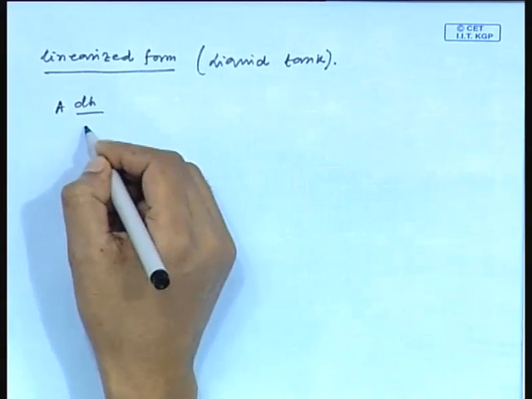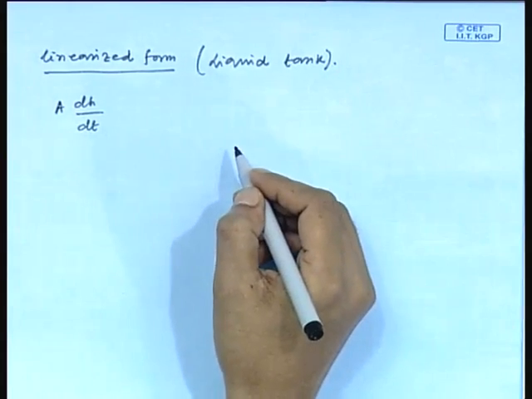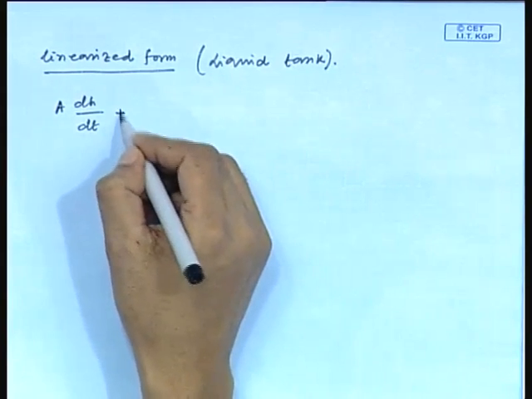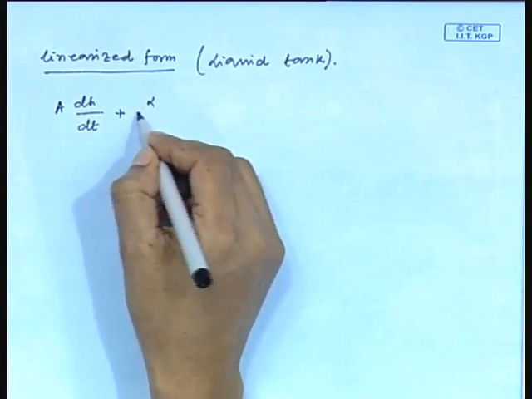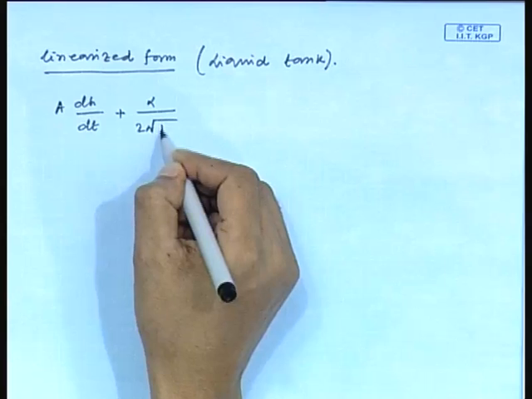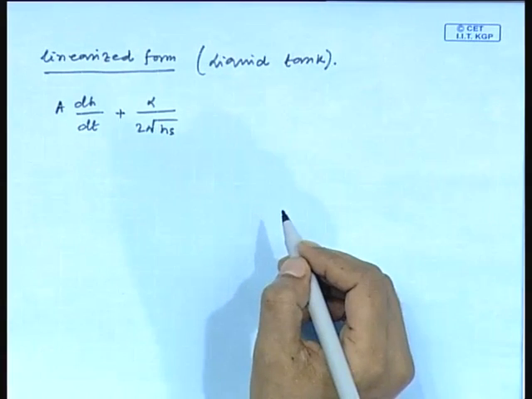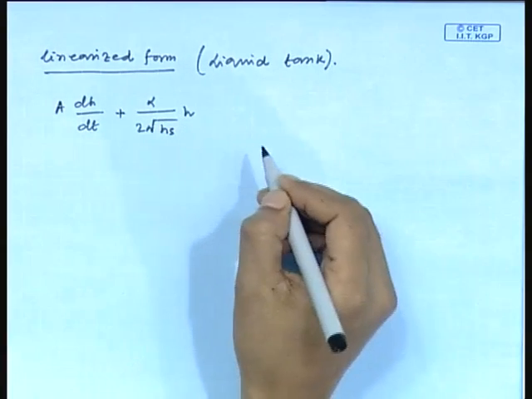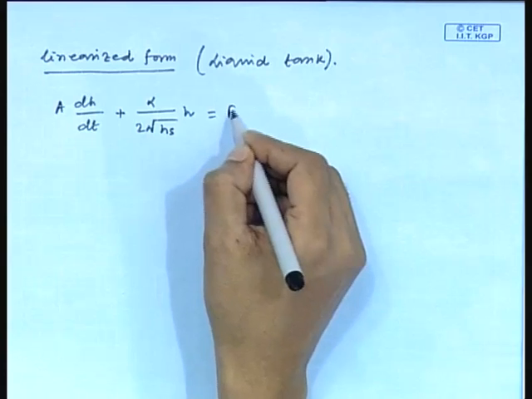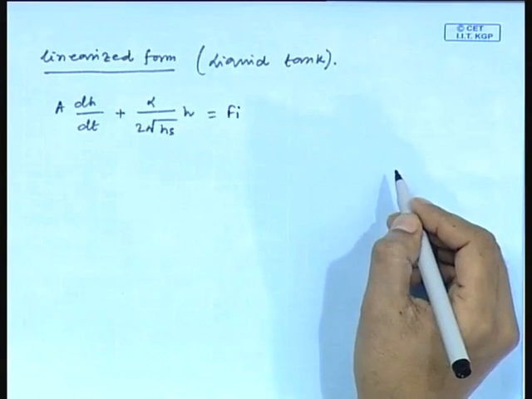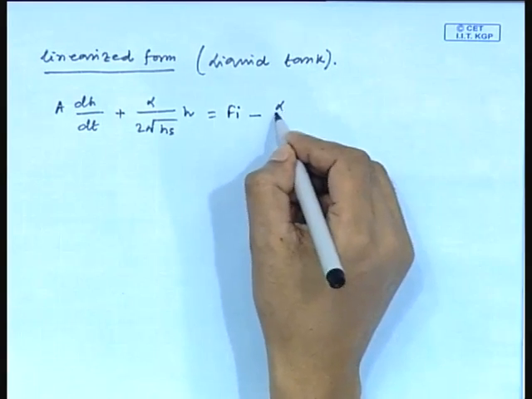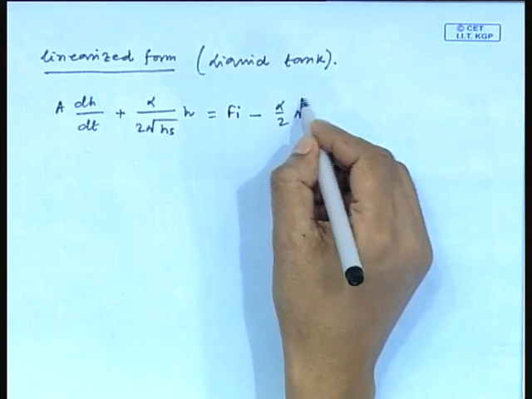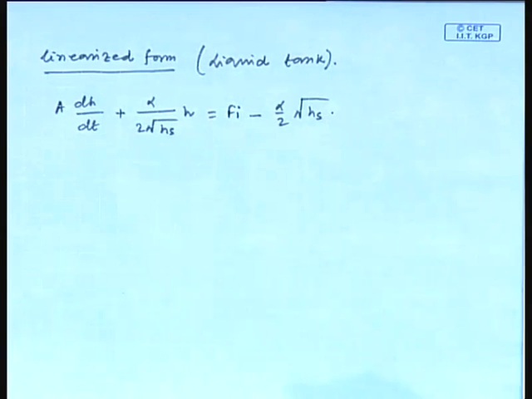So, the linearized form is A dh dt plus alpha divided by 2 root hs multiplied by h equals F_i minus alpha by 2 root of hs.